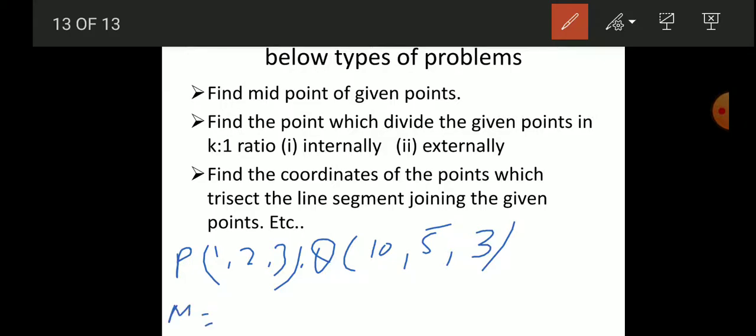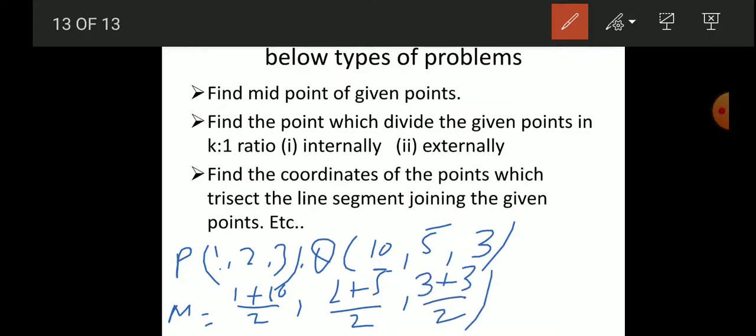Let us say it is M. So (x1 plus x2) by 2, that is 1 plus 10 by 2, 2 plus 5 by 2, and 3 plus 3 by 2. If you calculate, it is 11 by 2, 2 plus 5 is 7 by 2, and 3 plus 3 is 6 by 2, which is 3. This is the midpoint.